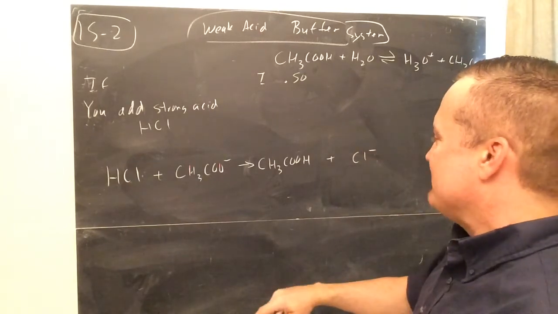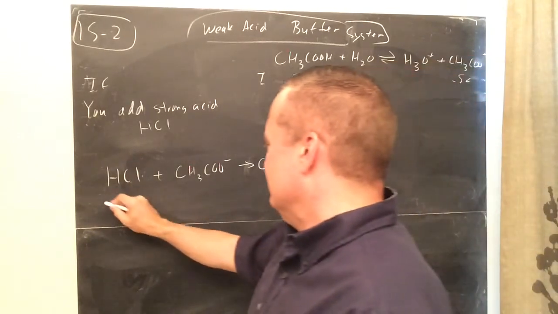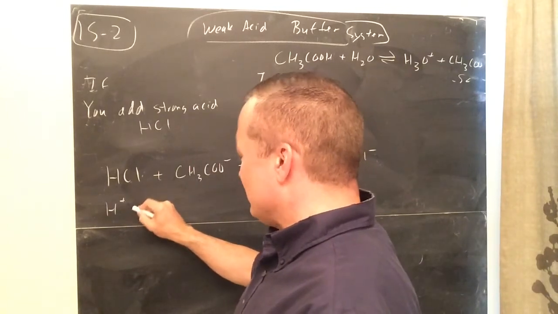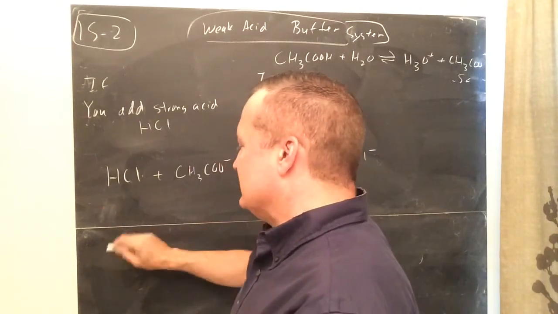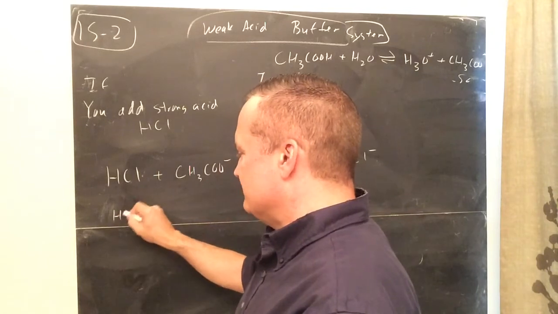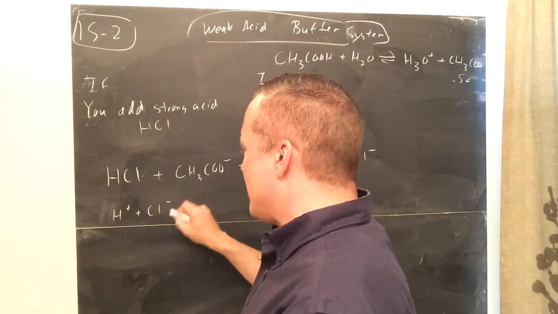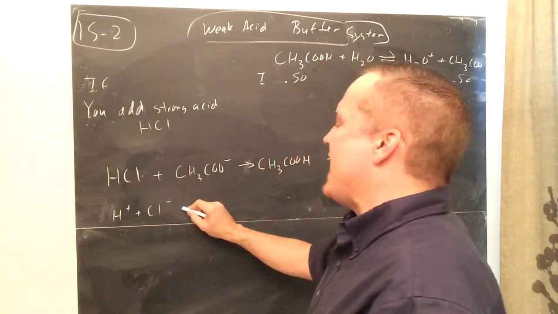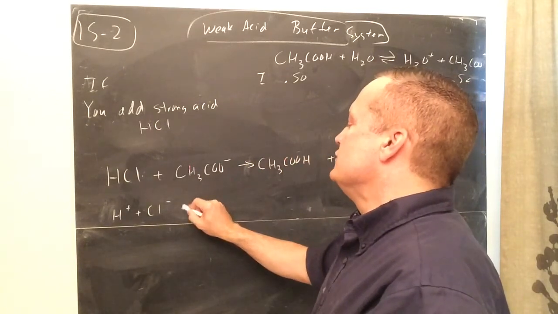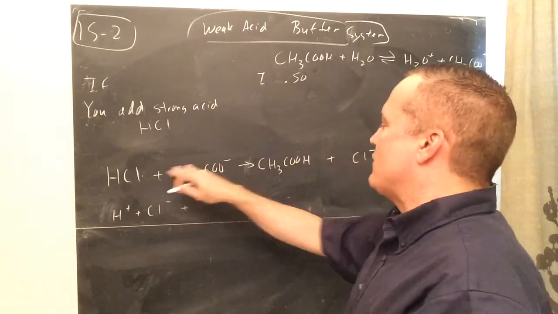Okay? Now, if I want to do my net ionic equation, I don't really have to do that. I wouldn't need to do that here, but I'll do it anyway to show you. Because when you do a problem, when it says add acid to a buffer, all you care about is this equation right here, really.